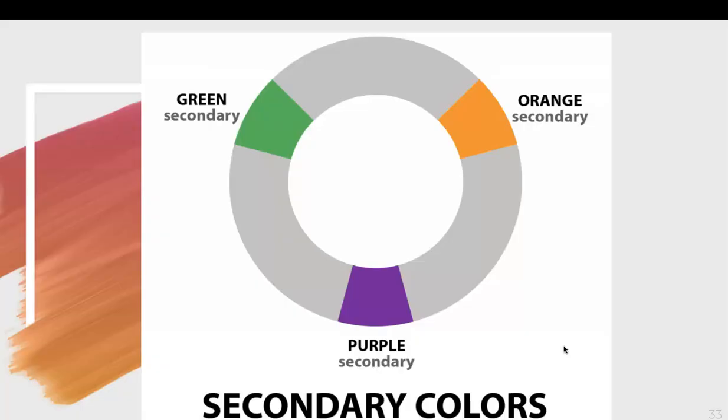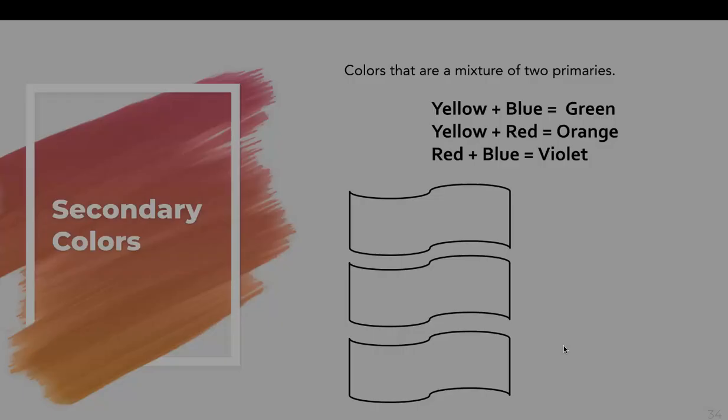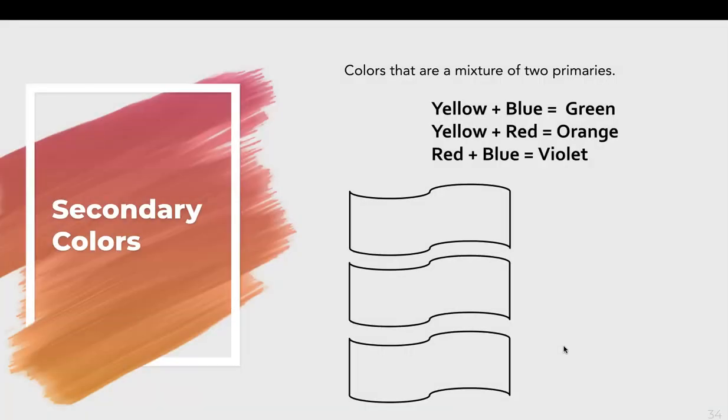Now, taking those primary colors, when you mix primary colors together, you do form the secondary colors. So this is the other set of colors that go on the color wheel. So secondary colors, they are a mix of two primaries. We take yellow and blue. When you mix that together, you get green. When you mix yellow and red, we mix it together, we get orange.